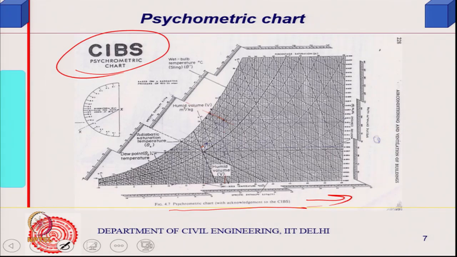On this axis you have dry bulb temperature, and on this side absolute humidity, the moisture content. This line is the saturation line, then 90% relative humidity, 80%, 70%, and so on.